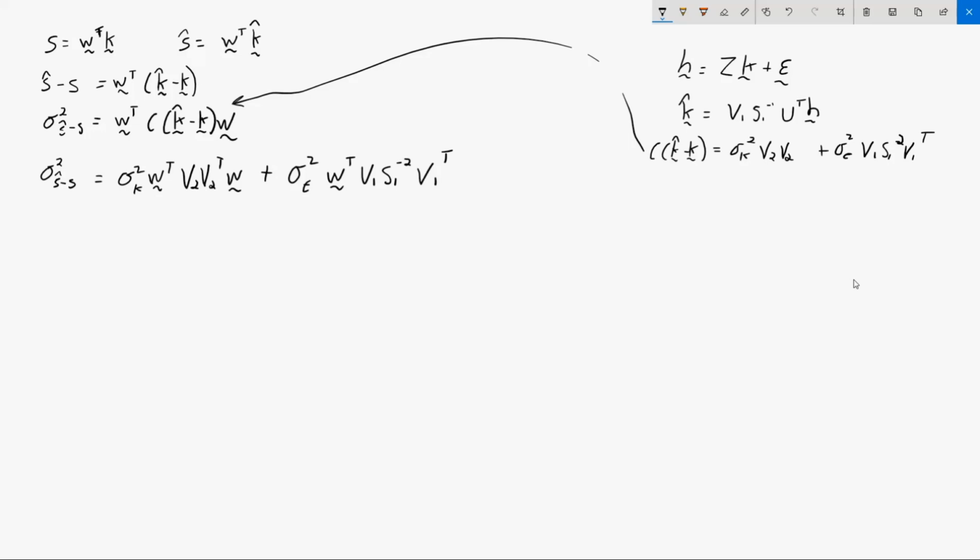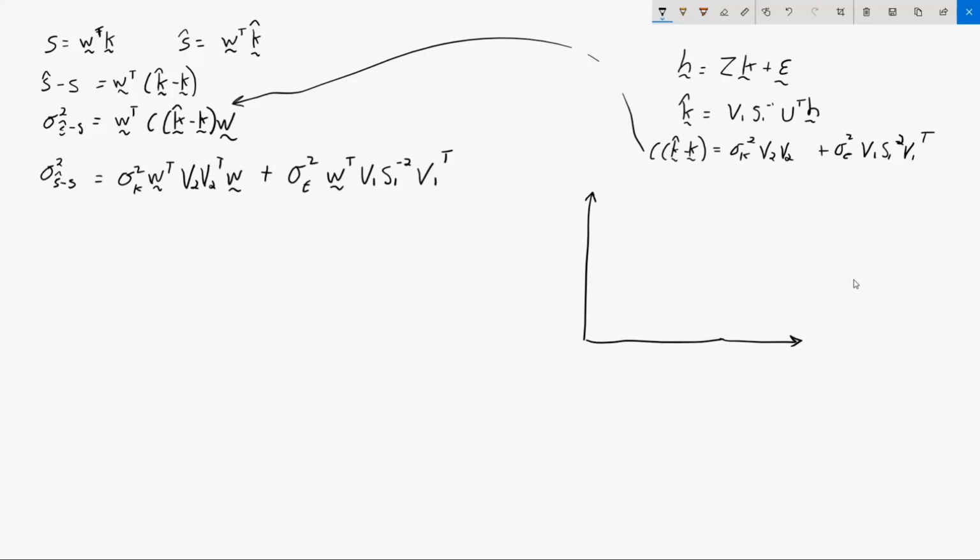Now let's look at the repercussions of this equation. I'm going to draw a graph over here. Now, this graph presents me with the problem of where do I truncate?